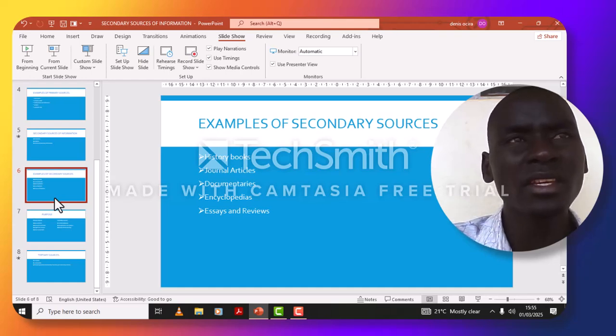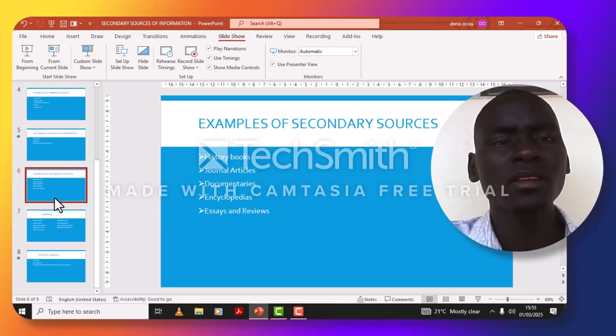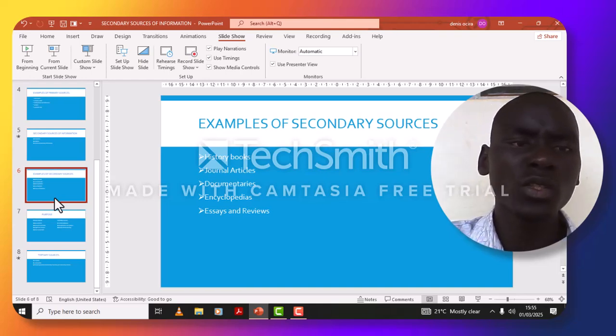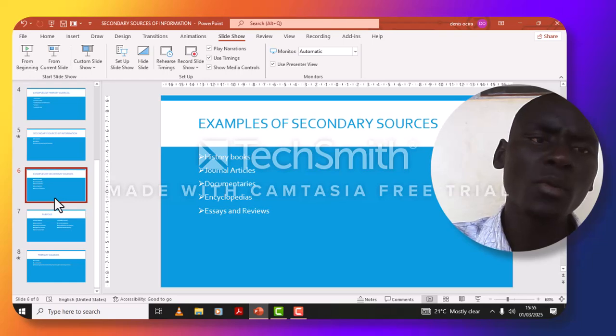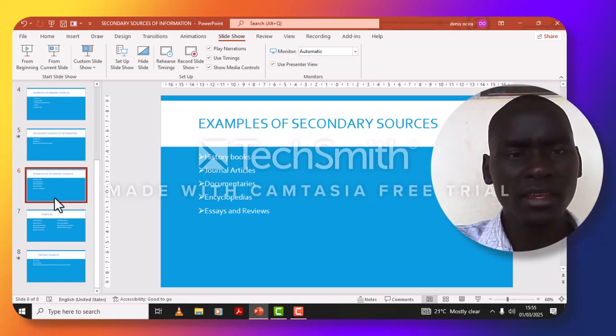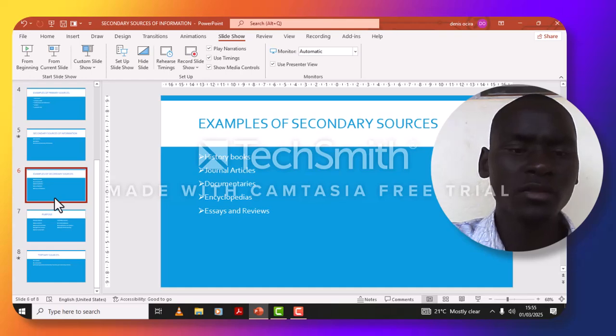The primary sources of information we have gotten from Ogban are what he used, the material he mixed. Now scientists come up to build on those primary sources so that they come up with more critical information about that thing. That is one example of secondary sources of information.